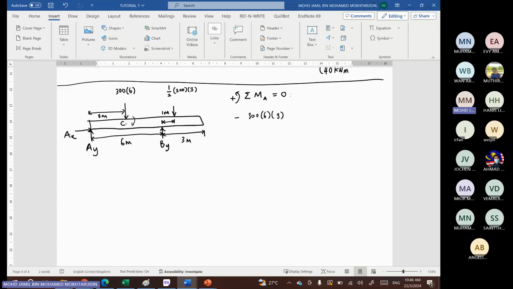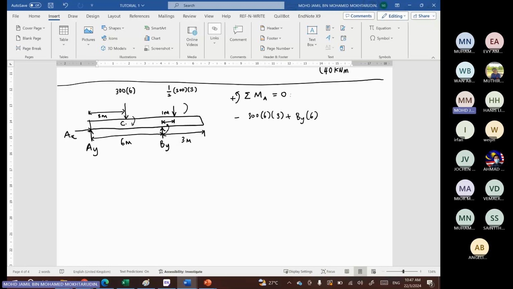So the direction will be counterclockwise. So plus By times 6. And then we have the third force 1/2 times 300 times 3 times 6 plus 1 meter.